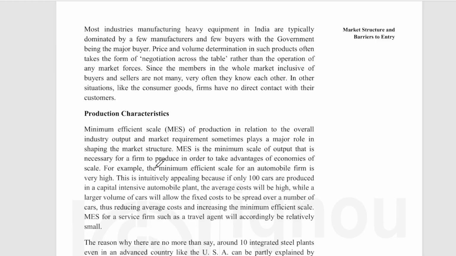Price and volume determination in such products often take the form of negotiation across the table rather than the operation of any market forces, since the members in the whole market, inclusive of buyers and sellers, are not many. Very often they know each other. In other situations like consumer goods, firms have no direct contact with their customers.